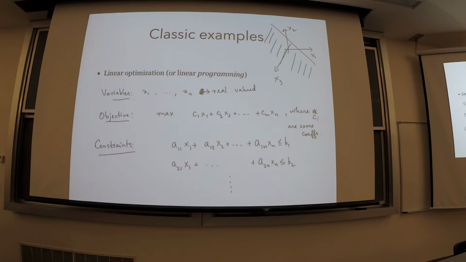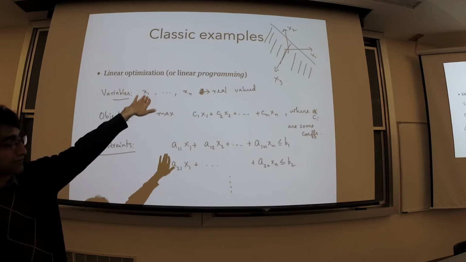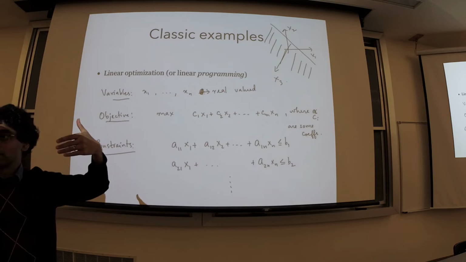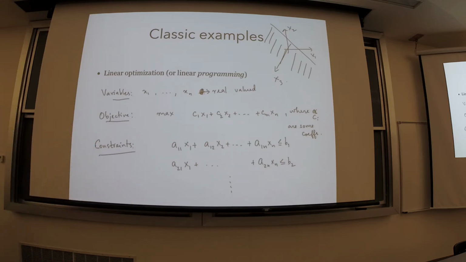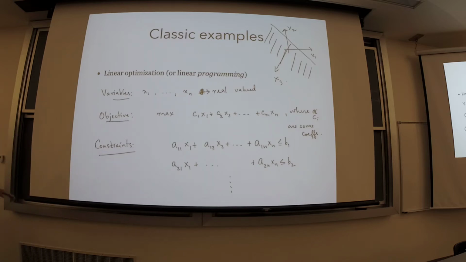And a constraint, all the x's that satisfy this constraint will be things that are on one side of this plane. So in 3-dimensional space, you'll have some plane, and one side will be x's that satisfy this constraint, the other side will be x's that do not satisfy this constraint. So if you've got to satisfy all of these constraints, then it means that you are looking at an intersection of these half spaces.